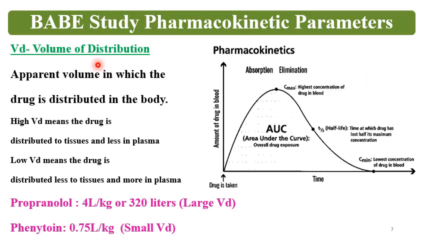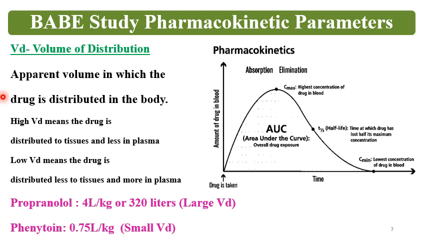Then volume of distribution. Many professionals don't understand this terminology. For example, you have given a drug to the patient and it is undergoing the ADME phases, that is absorption, distribution, metabolism and elimination.